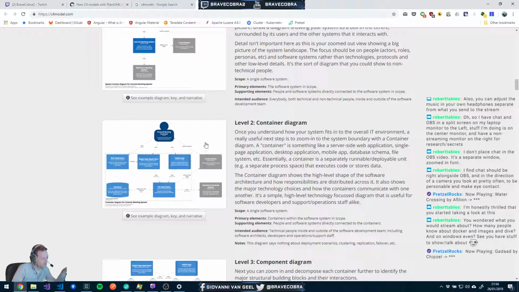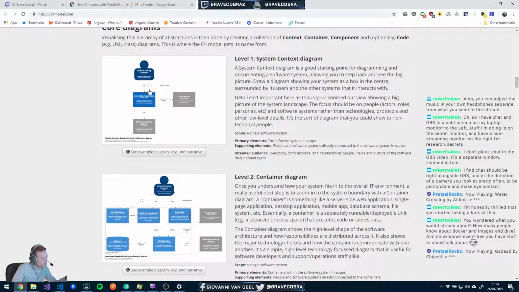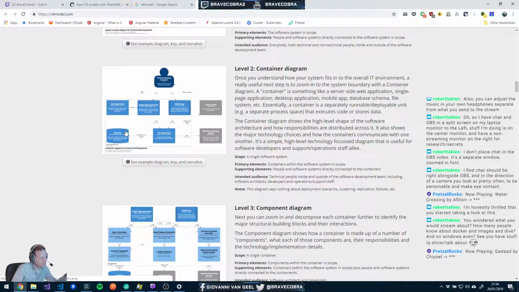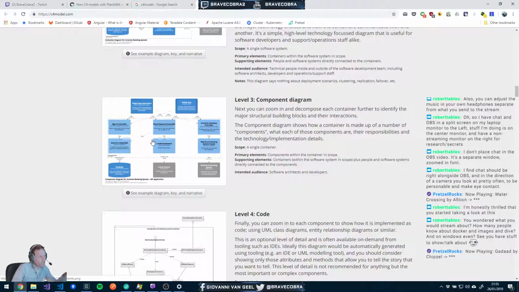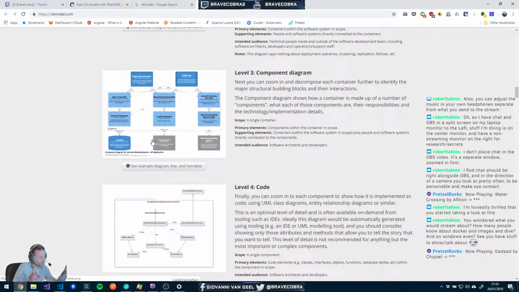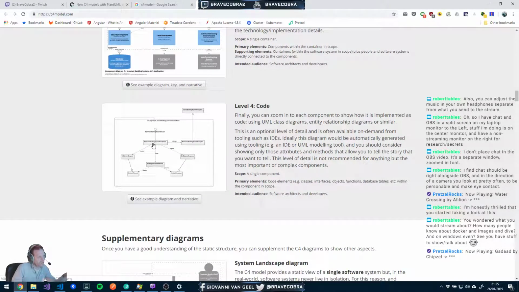And the second level is you collapse that one, your system open, and then you go see what the little containers are of which that application consists of. And then one individual container, you collapse that one open, you get a component diagram, see what the different components are within that one little container, and then the last level is the actual class diagrams.